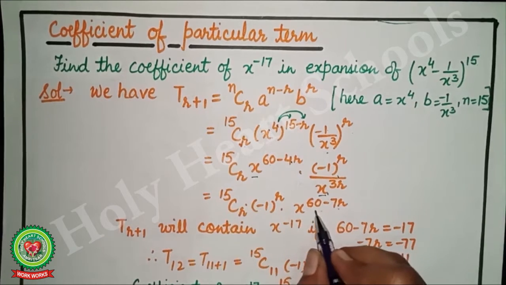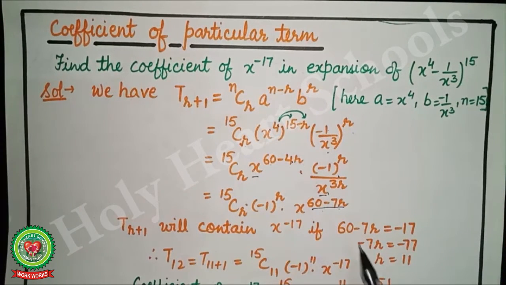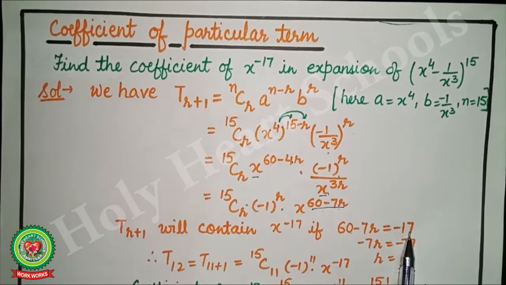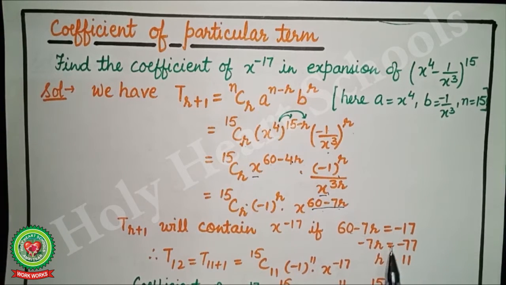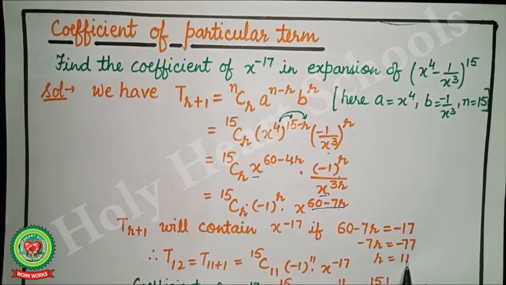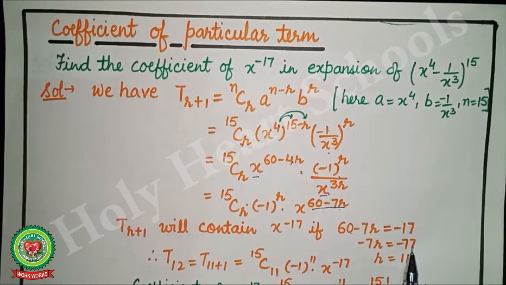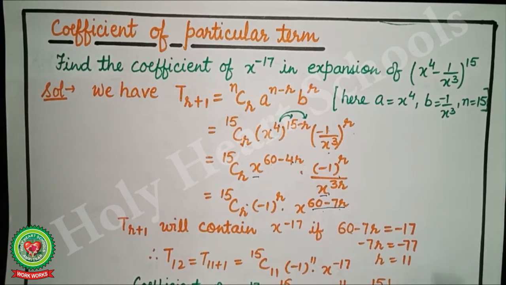It means this power will become -17 if we put it equal to it. So after solving from here, we will get the value of r, that is -7r = -77 and r = 11.